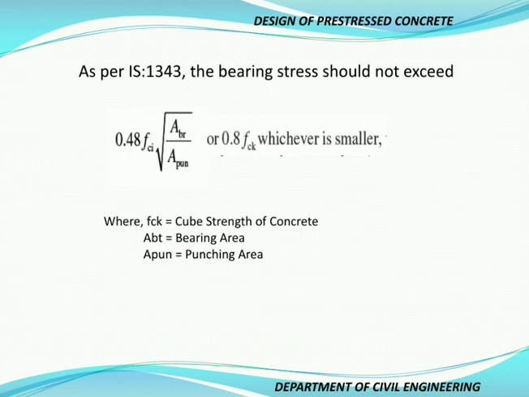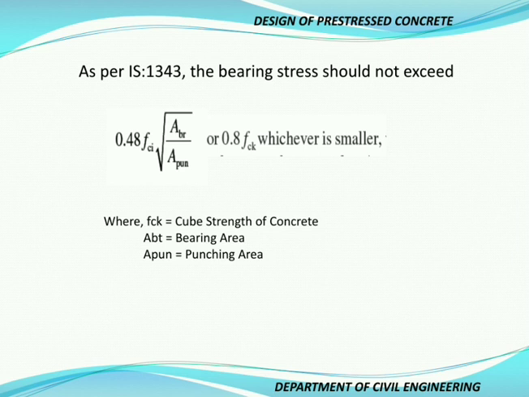Again, as per the code book, the bearing stress should not exceed 0.48 fck into square root of Abr upon Apun, that is the punching area, or 0.8 times fck, whichever is smaller, where fck is the cube strength of concrete, Abr is the bearing area and Apun is the punching area.